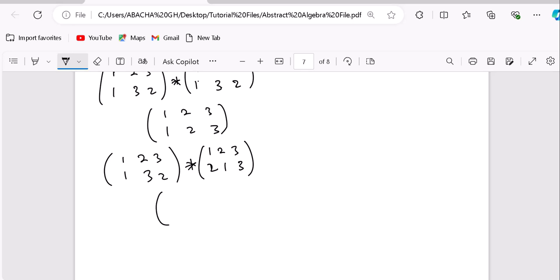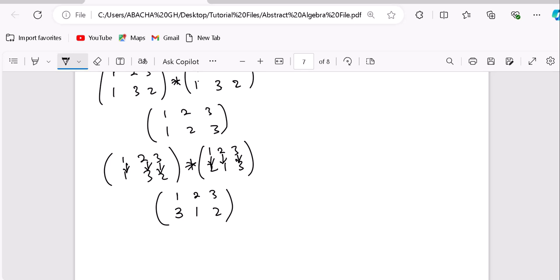I have 1, 2, 3 as the normal headings, but here 1 goes to 2 in this particular bracket, because we compose from the back. Then when we come here, 2 goes to 3, so that is the image of the first number. Now 2 goes to 1, and when we come here 1 goes to 1, so that is the answer for the second number. 3 goes to 3, and when we come here 3 goes to 2, so that is the last one.